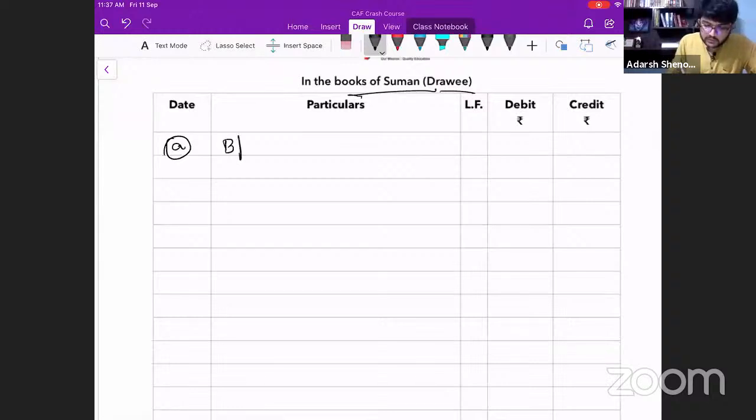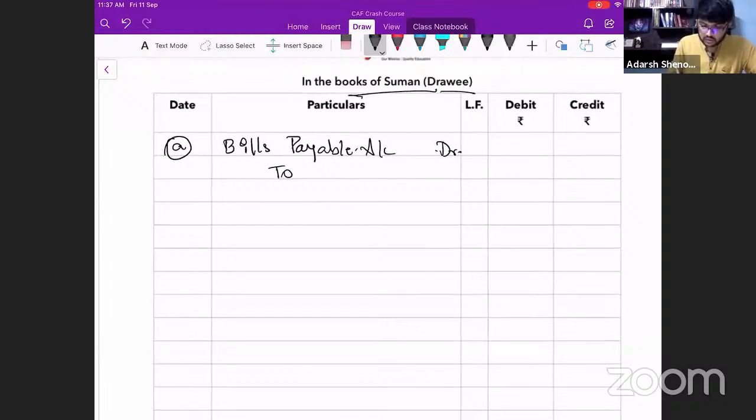So bills payable account is to be debited. It's a reduction in liability. Whenever there's a reduction in liability, we know the rules, right? We have to debit. Bills payable account debit to cash or bank. However, I am paying it in cash or bank account.